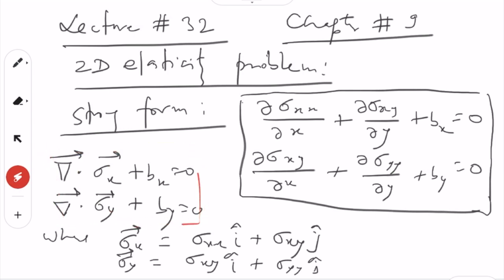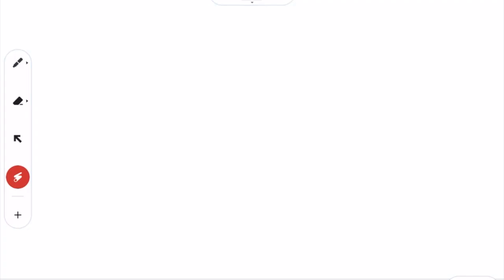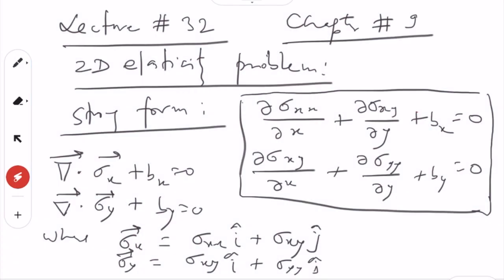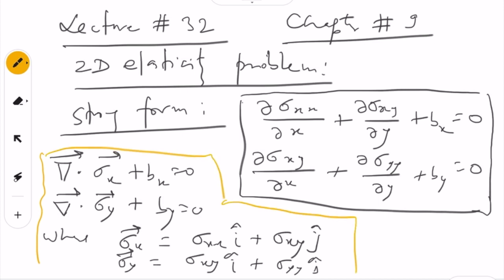This is what we will need, but I'm still going to write the matrix form too. All are exactly the same thing. This is one way of writing it, and this is the second way of writing it.